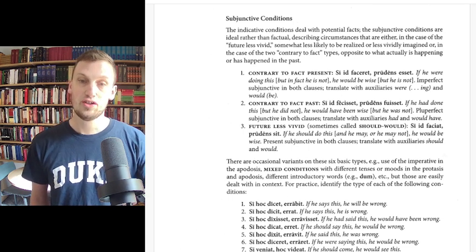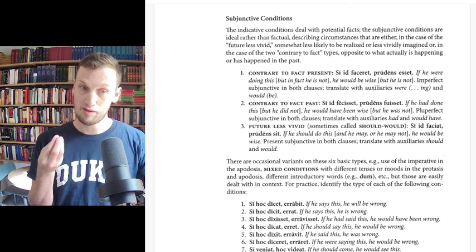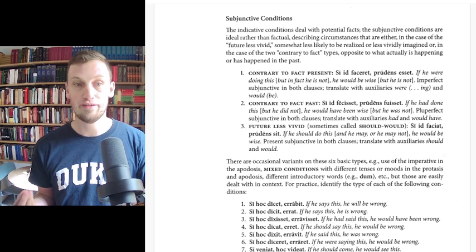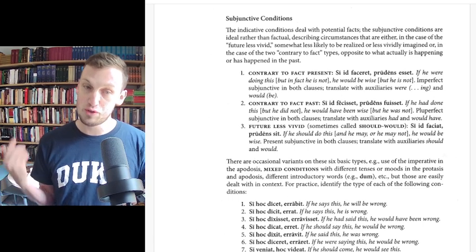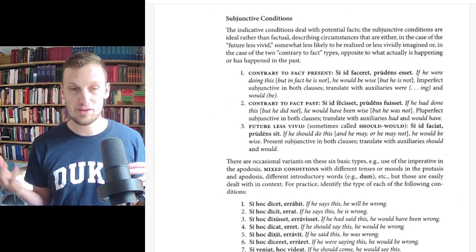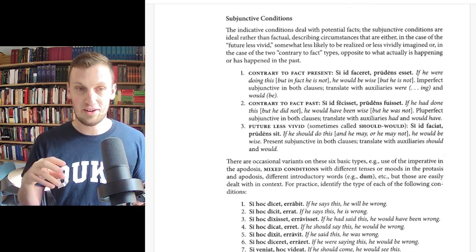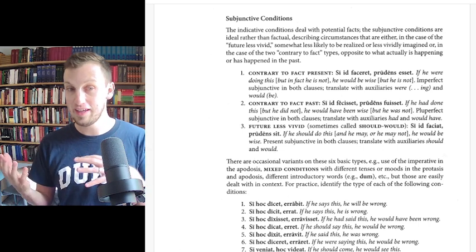Lastly, those are the two contrary to fact ones, the imperfect and the pluperfect subjunctive. It's easy to remember that a past tense subjunctive is used for counterfactuals. Then the future less vivid, which is sort of a funny way of describing this. What they're calling simple facts are sometimes called future or present, past, and future more vivid.